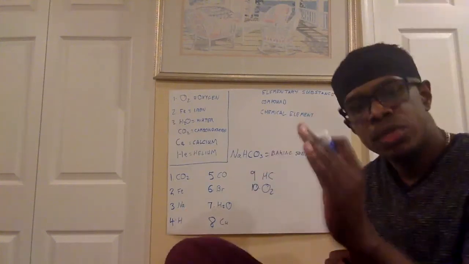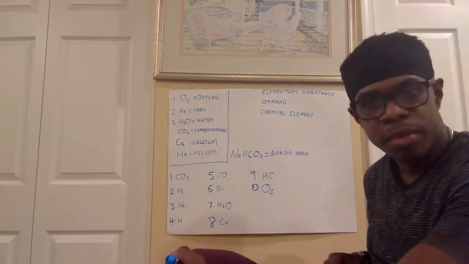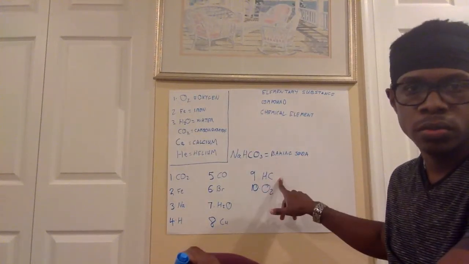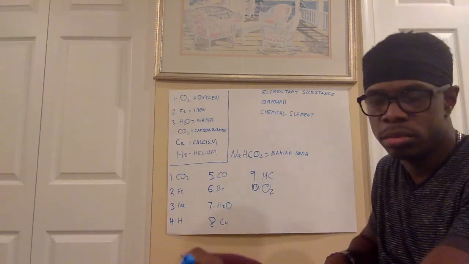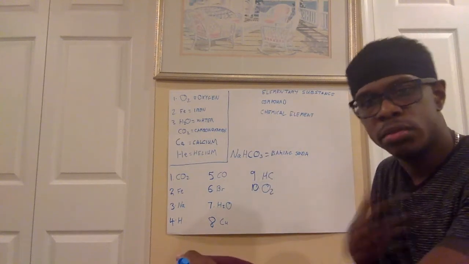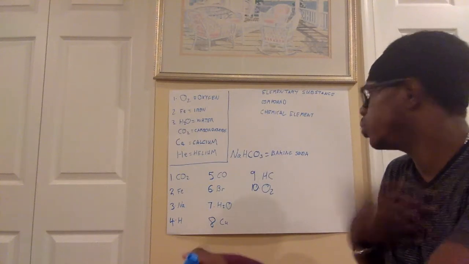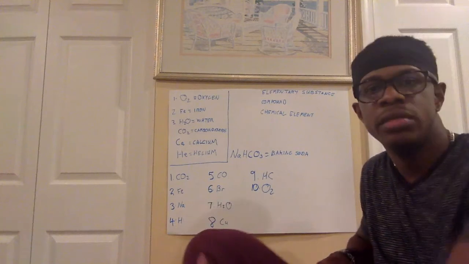Would that be an elementary substance or a compound? Number nine would be a compound. That is hydrogen and also carbon. My mistake, I don't have it on the board, do I? But we know it's carbon. C by itself is carbon, and H by itself is hydrogen.